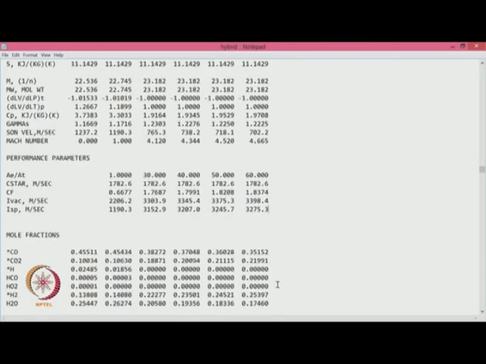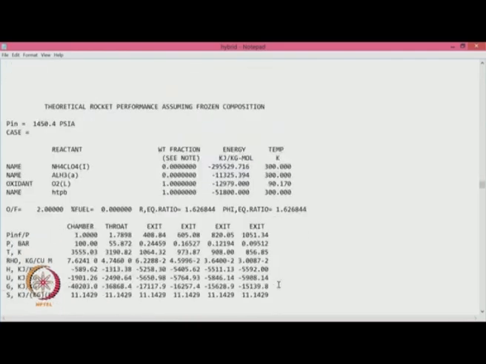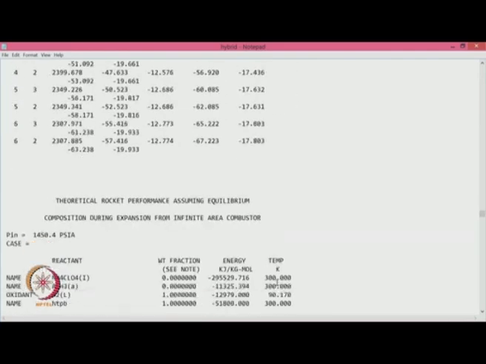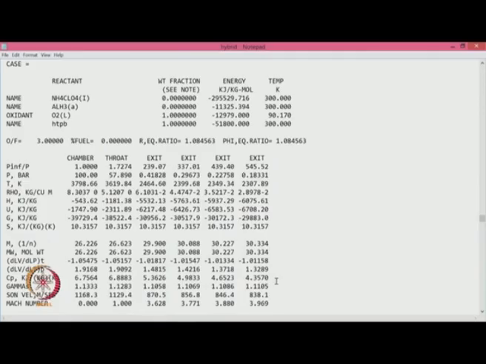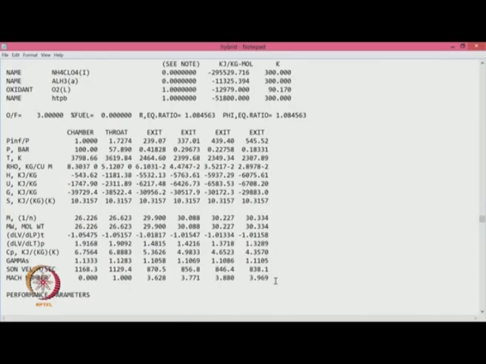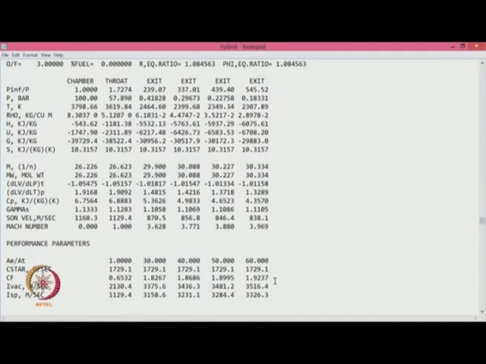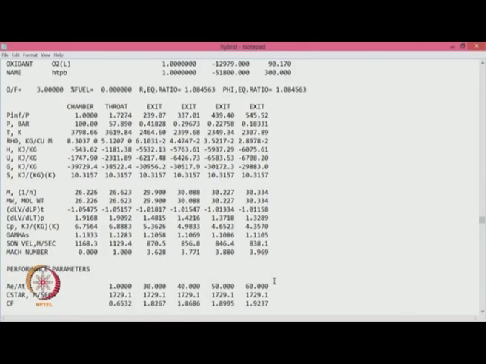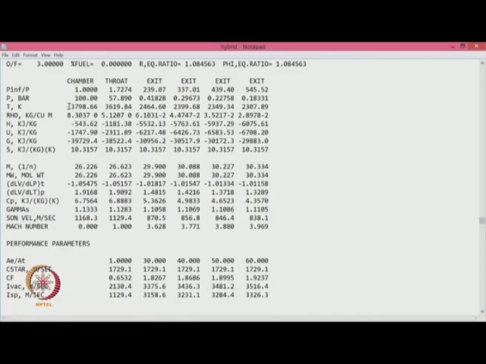Okay. Then if we go to something like three, then you get these kinds of numbers. The temperature has increased, but the molecular weight has also increased.